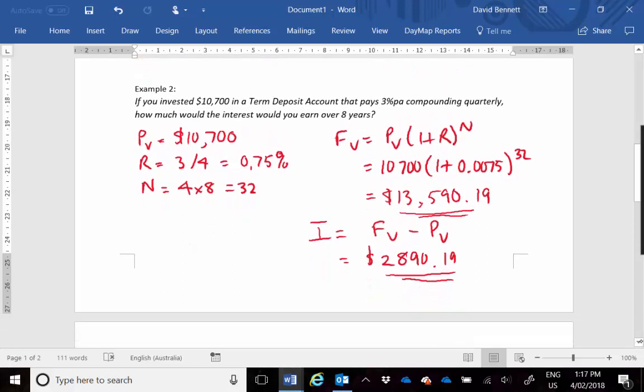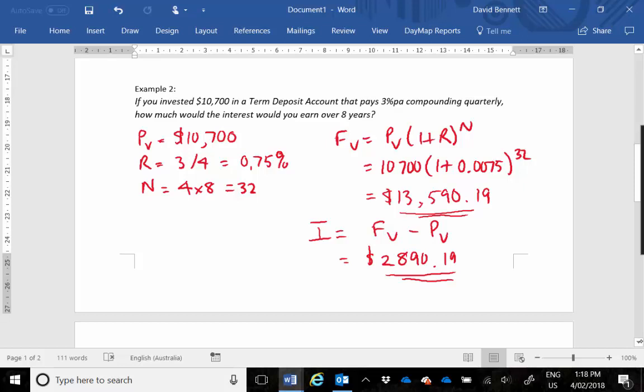If we're looking at annually, that's 1 payment per year. Biannually is 2. Quarterly, obviously 4 payments per year. You could go to fortnightly payments, so that's 26 fortnights in the year. Monthly is going to be 12 payments per year. And then you can go daily, so 365 payments per year. Keep that in mind.